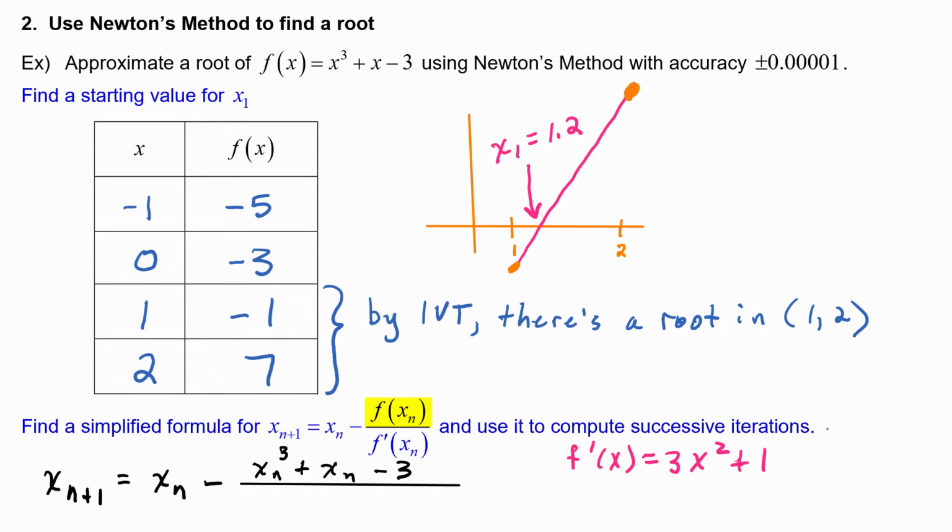And if f prime of x is 3x squared plus 1, then f prime of x_n is going to be 3x_n squared plus 1. Now we are ready to simplify this formula, and then after we simplify it, we will use it to compute successive iterations.